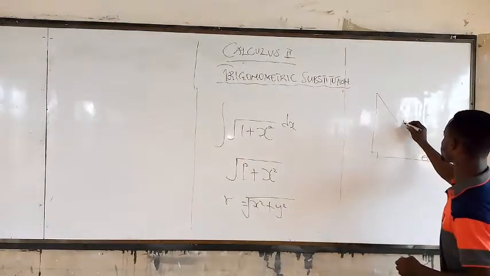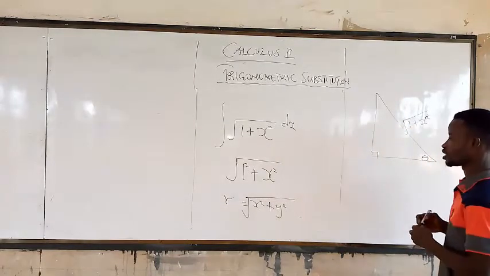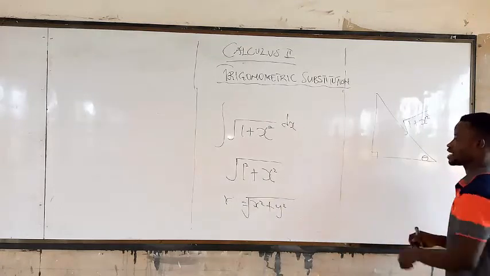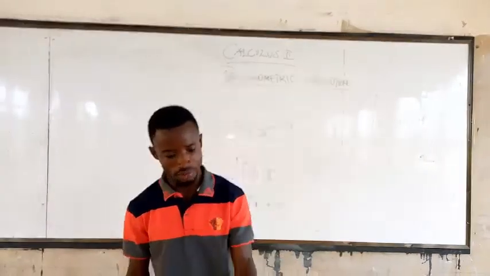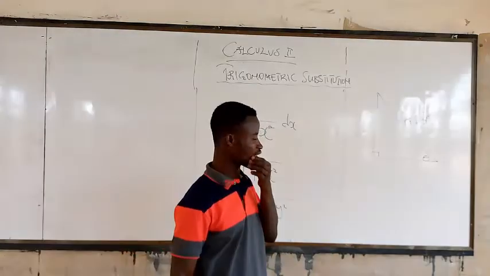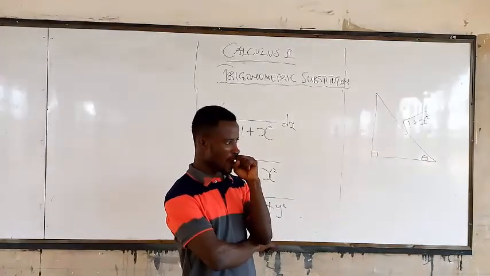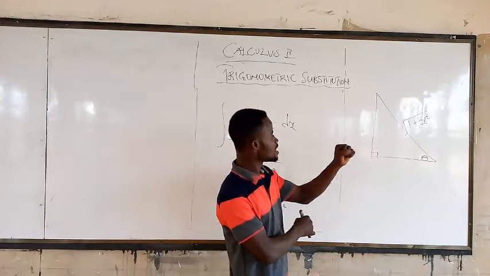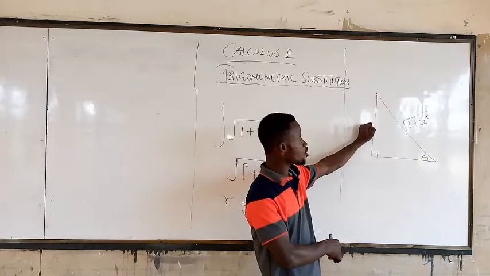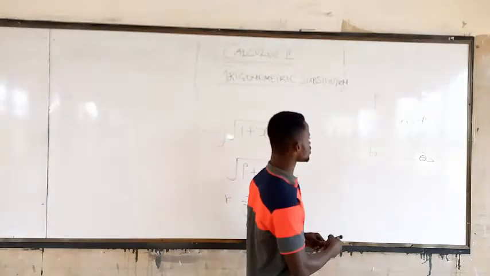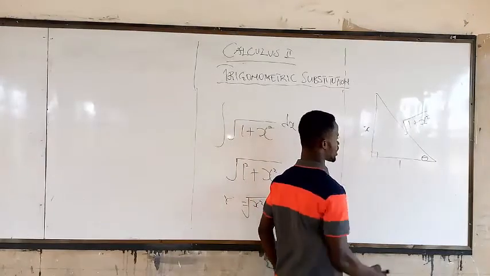So this is going to be the square root of 1 plus x squared. So we can make here x and let's make here 1.